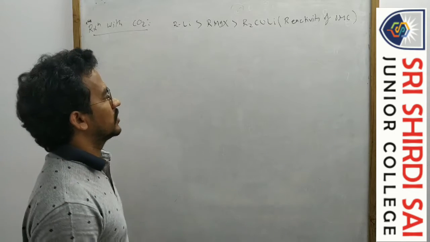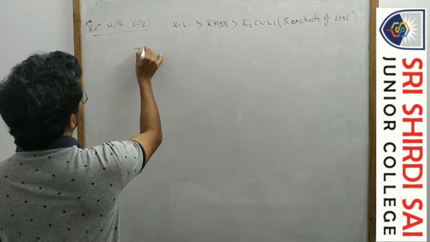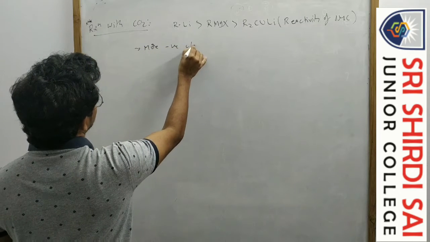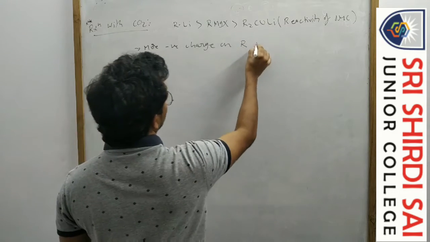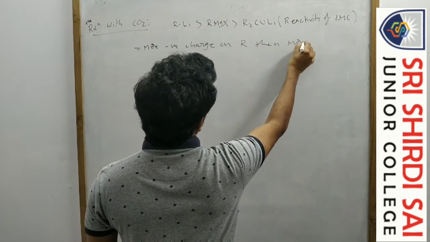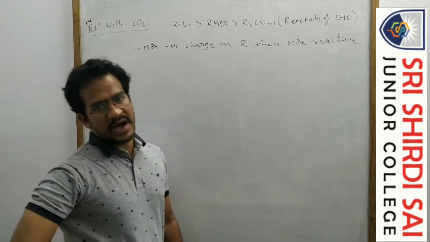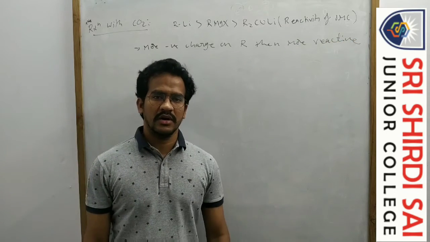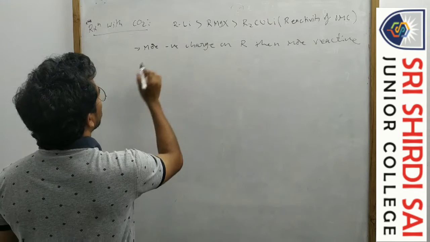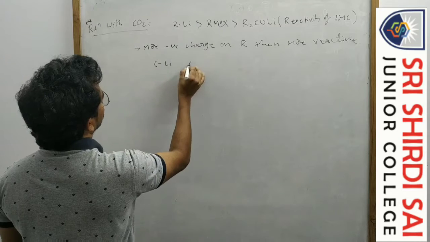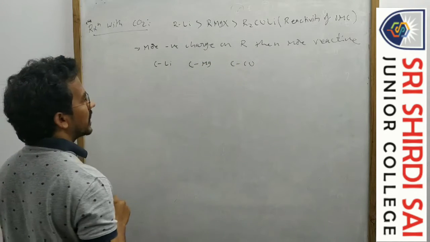One important point: the more negative charge on the alkyl group, the more reactive. A more negatively charged alkyl group, R minus, readily attacks the positively charged carbonyl carbon. Now in this case, carbon and lithium, carbon and magnesium, carbon and carbon. So what is the electronegativity? Actually, electropositivity.